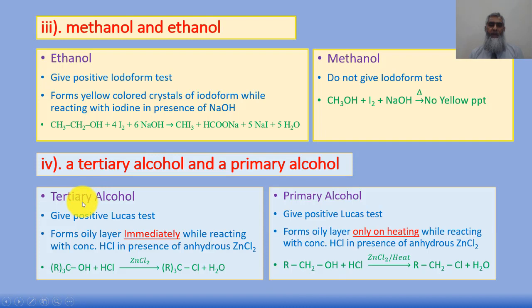Tertiary alcohols on reacting with Lucas reagent form an oily layer immediately when reacting with concentrated HCl in presence of zinc chloride. While primary alcohols also give the Lucas test, they form the oily layer of alkyl halide only on heating.